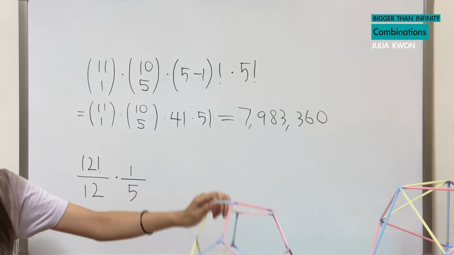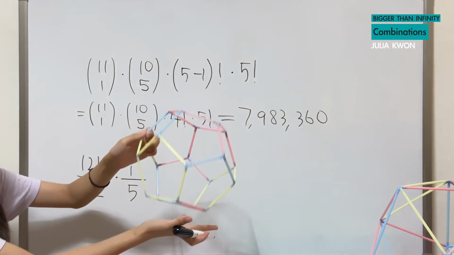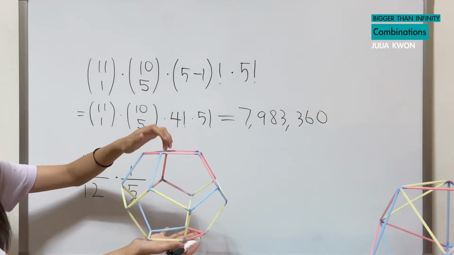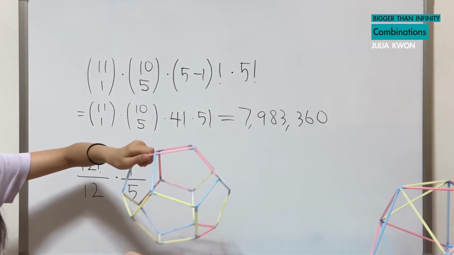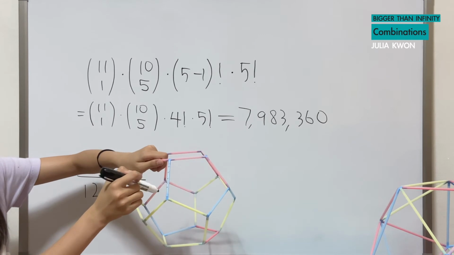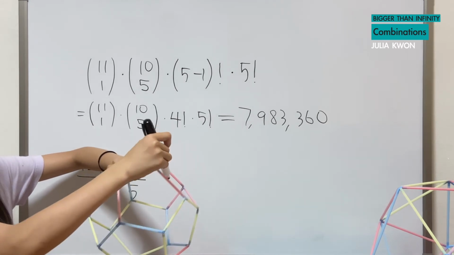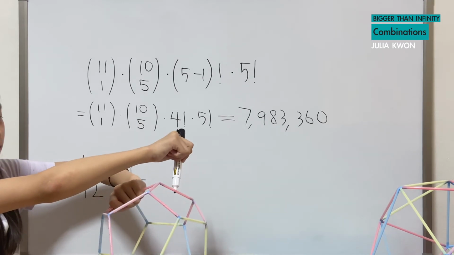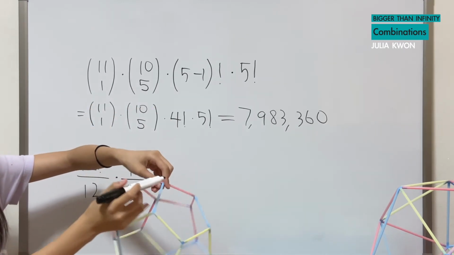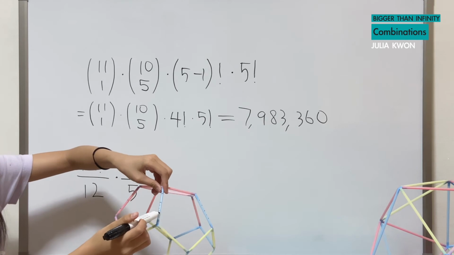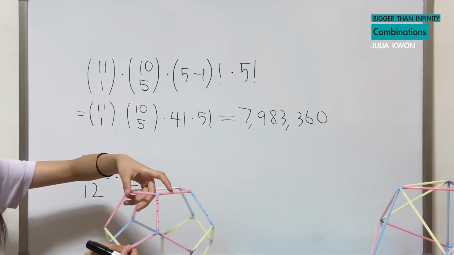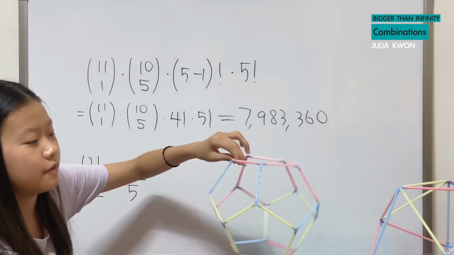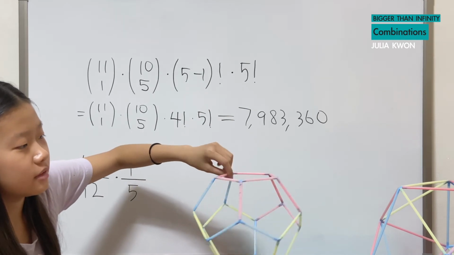Because if we set, for example, this as the base, then we have 5 sides to look from. We have this side, this side, this side, this side, or this side. And so those are 5 sides that we can look from that look exactly the same.